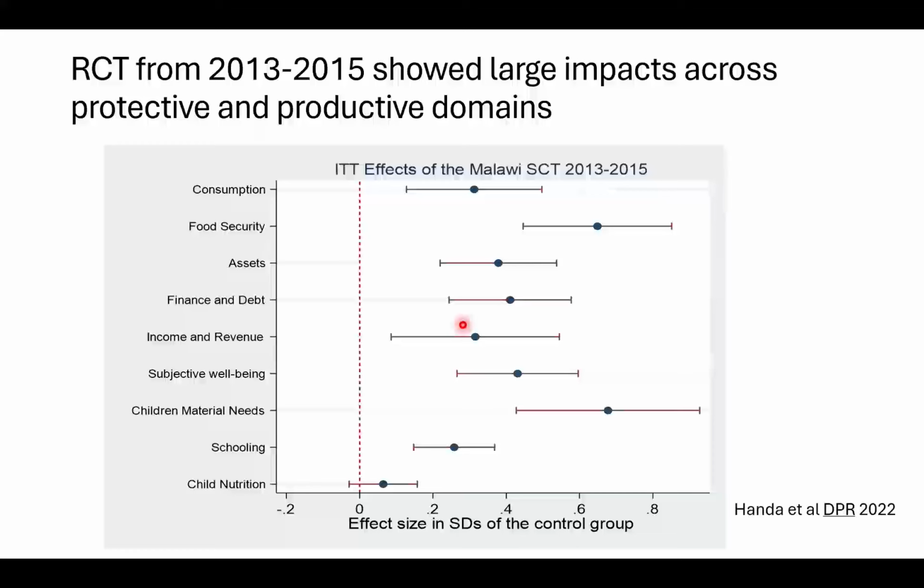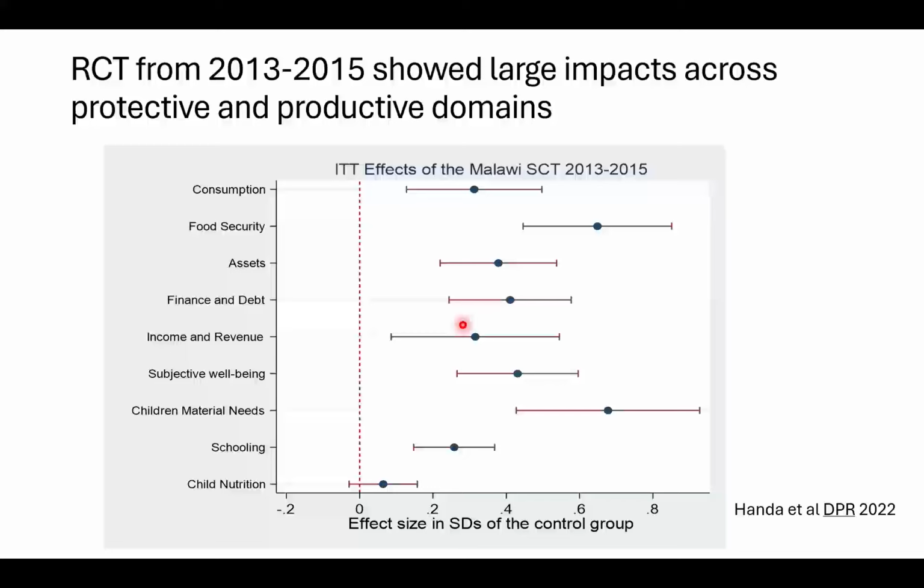Behind this graph are almost 50 indicators, right? So, we have a suite of indicators on food security, and we created a domain index. We had a bunch of indicators on assets, we created a domain index, and so on and so forth, right? And so these are our domain indices. These are all measured in standard deviation units.